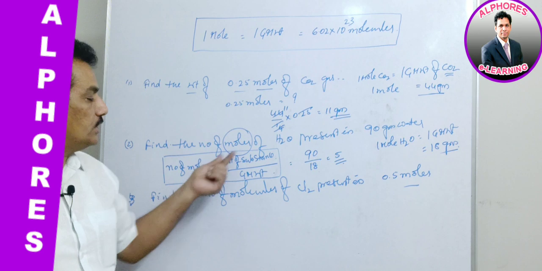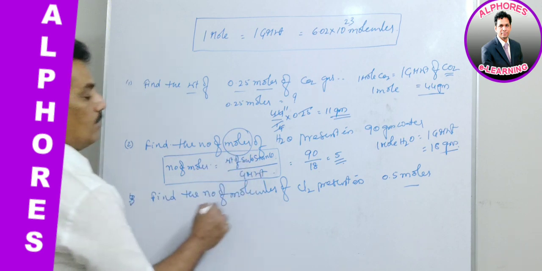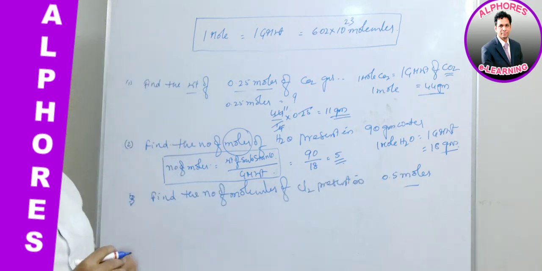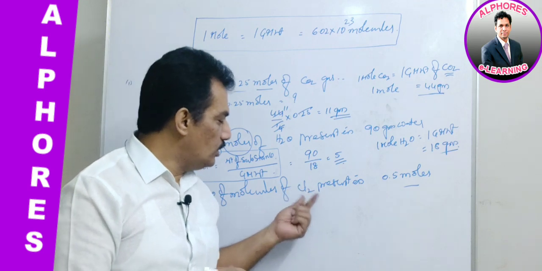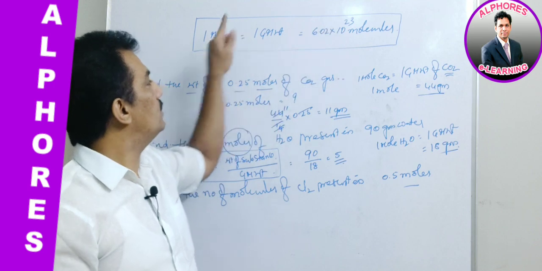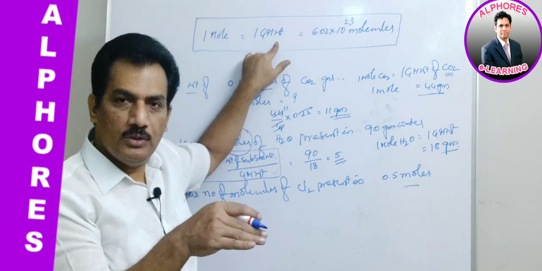The number of moles is found with this formula. Clear? Now find the number of molecules of chlorine present in 0.5 moles. Remember, even though chlorine gas is not specified, it is molecules and moles related. When weight is present, then we should know the substance.